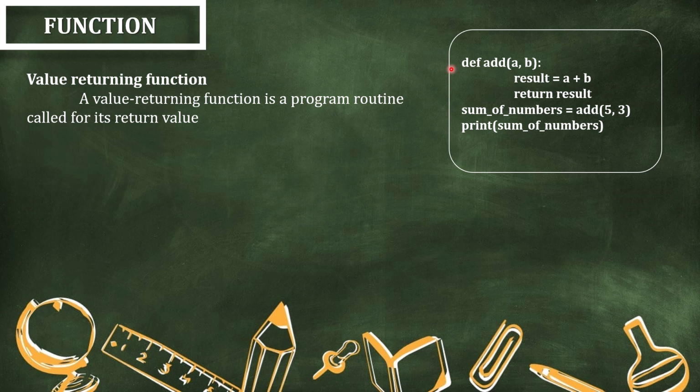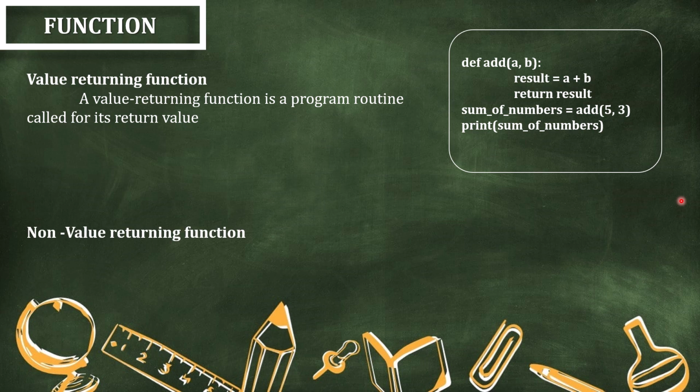Now going to this program, we have the keyword def, and our function name is add, and our formal parameters are a and b. We are adding those values and returning the result to the program. Now in the program, with the variable sum of numbers, we are calling the function add, passing the values, that is the actual arguments, and printing the result. As it is a value returning function, we have the keyword return.